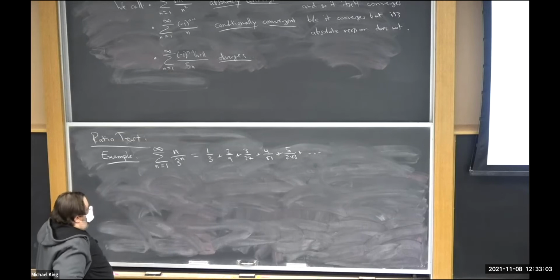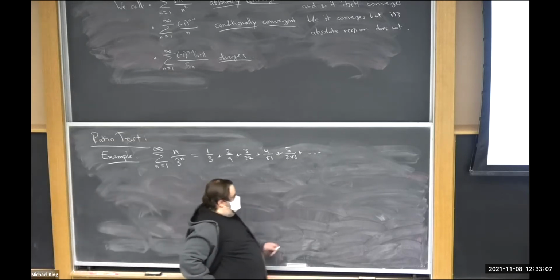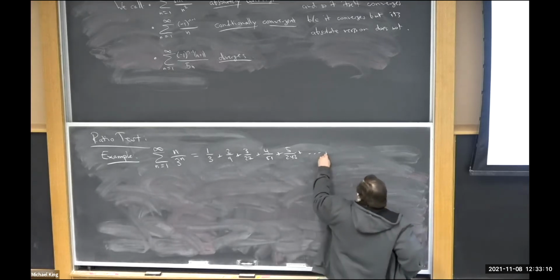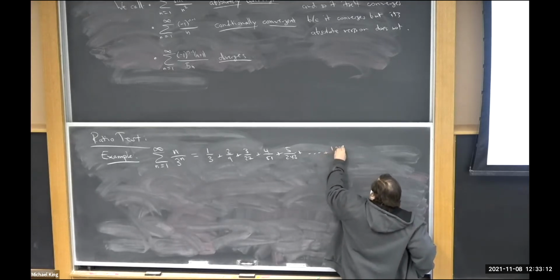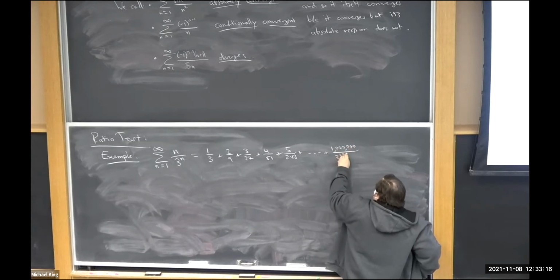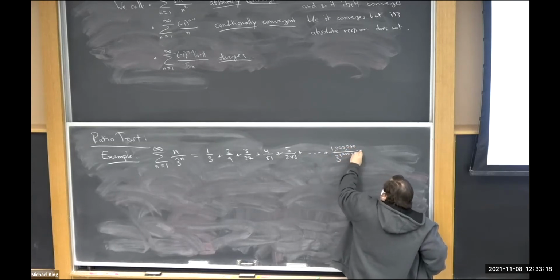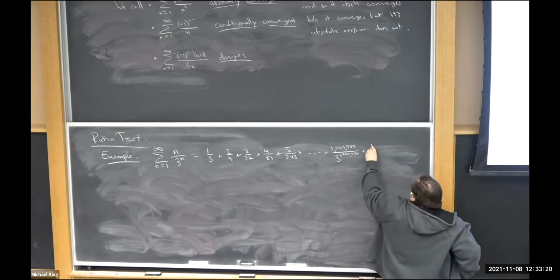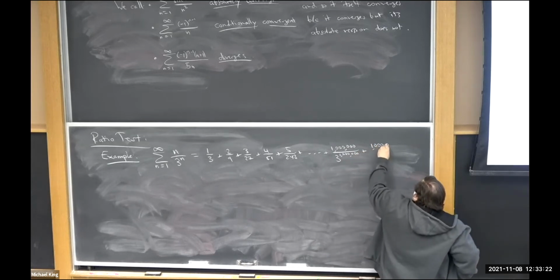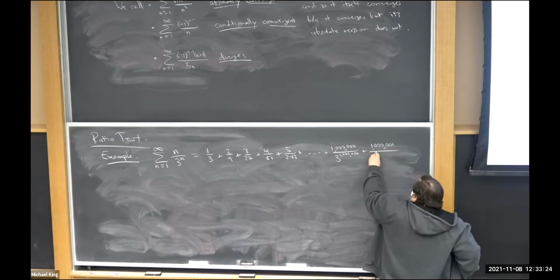So let's think about what happens when n gets fairly large. If we had something like the millionth term, 1,000,000 over 3 to the million, and then the next term is 1,000,001 over 3 to the 1,000,001.